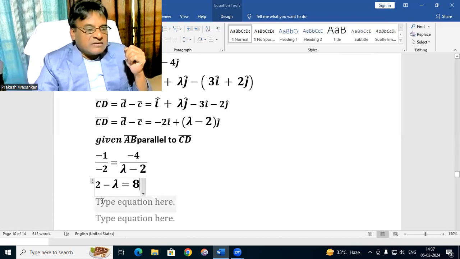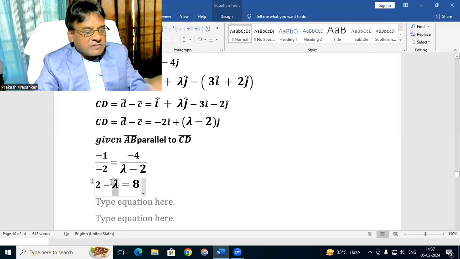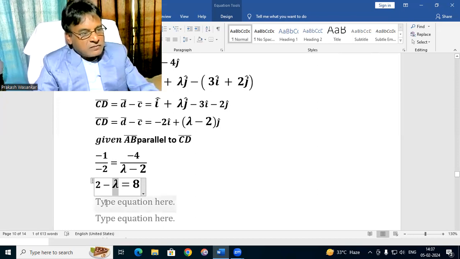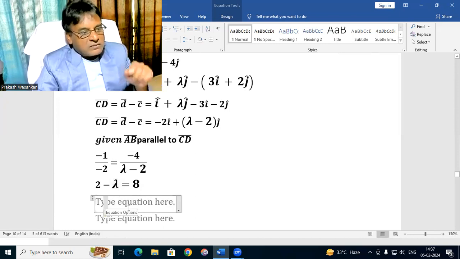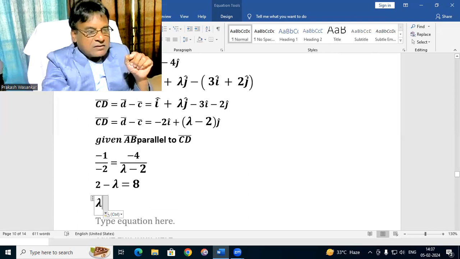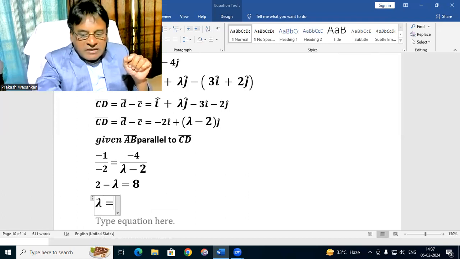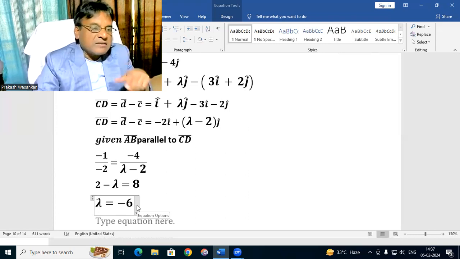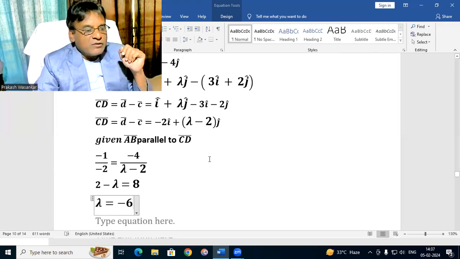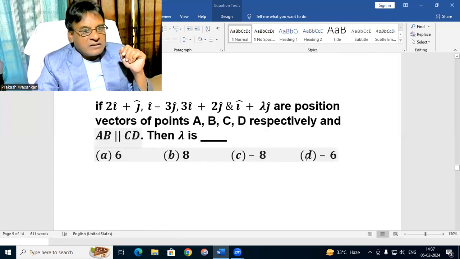Therefore, from this lambda is equal to 2 minus 8, that is -6, and here -6 is the required value of lambda. Therefore, here D is the correct option.